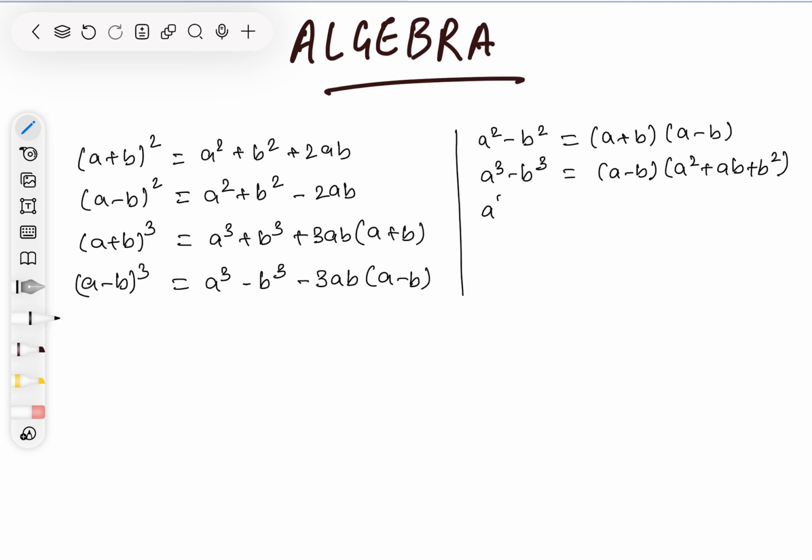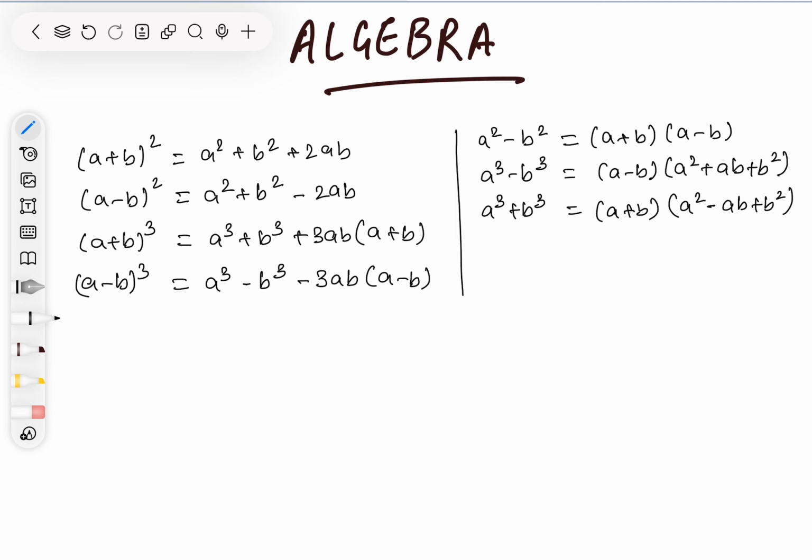But let's say if I have a cube plus b cube, in that case I will have a plus b times a square minus ab plus b square. So remember the position of plus and minus in both the cases. So these are some formulas that you should always remember.